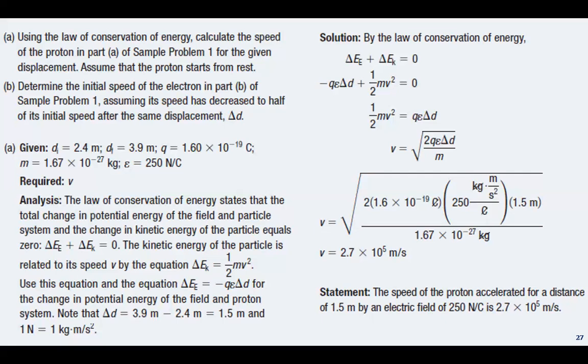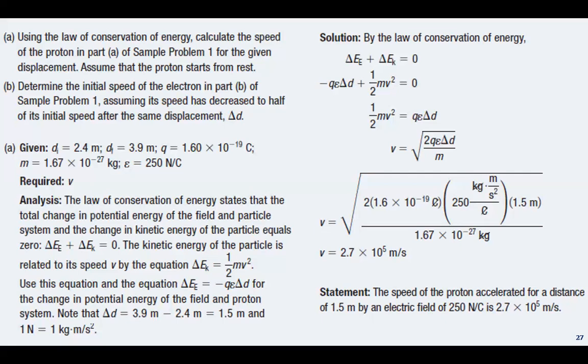Which is denoted by delta EE plus delta EK should be 0. The kinetic energy of the particle is related to its speed v by the equation delta EK is 1/2 times mass m times v squared. So use this equation and the equation delta EE equals negative Q epsilon delta D for the change in potential energy of the field and proton system.